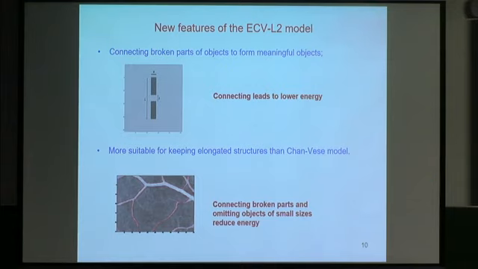Based on these 2 features, we can find that it is more suitable to capture this kind of elongated structure than the previous Chan-Vese, for which I will show the picture afterwards. With Chan-Vese, if the length parameter is not big enough, it allows lots of small dots.